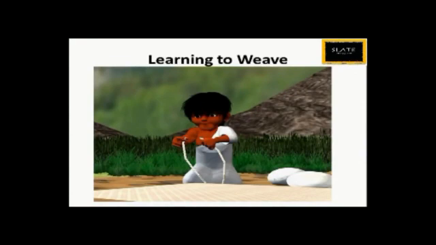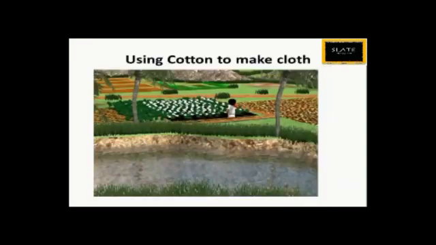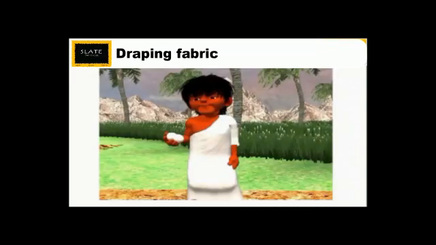As they knew about weaving, fabrics could be made from these yarns. The early Indians grew cotton in the regions near the river Ganga and wore the fabrics made of cotton. Also, in ancient Egypt, apart from cotton, another plant called flax was also cultivated near the river Nile, and they were used for making fabrics.